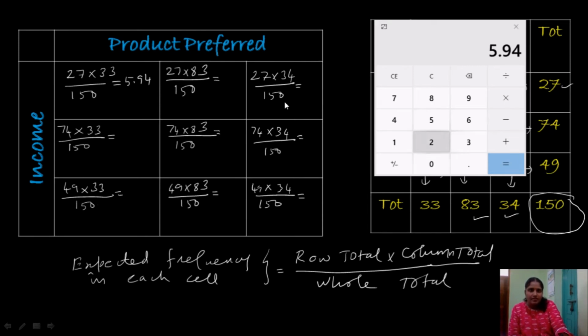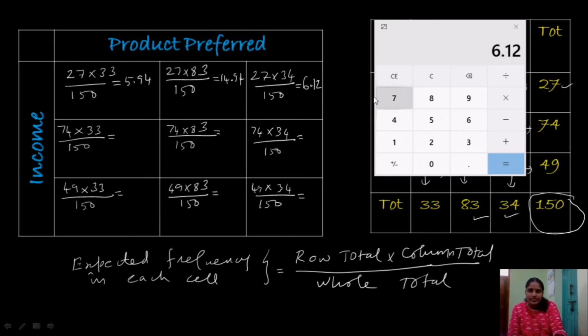And for the second one, 27 multiplied with 83 and divide this value by 150, you get the value as 14.94. And for the third one, 27 multiplied with 34 and divide this by 150, you get 6.12.